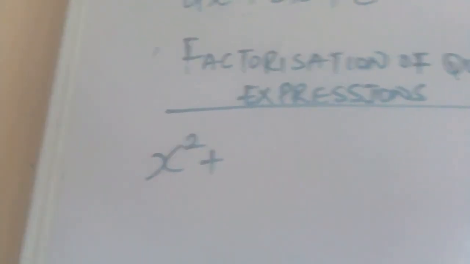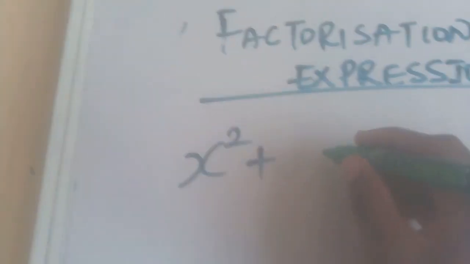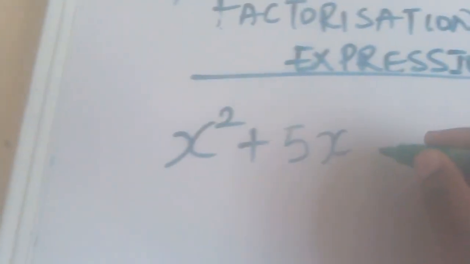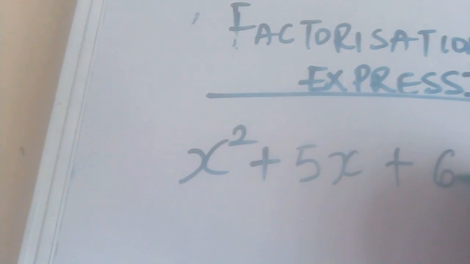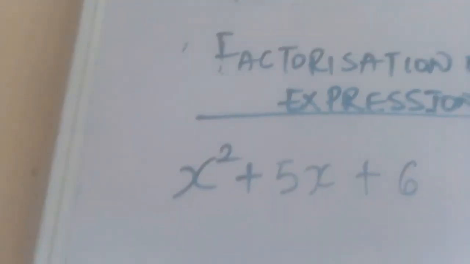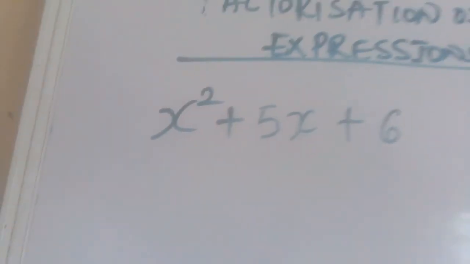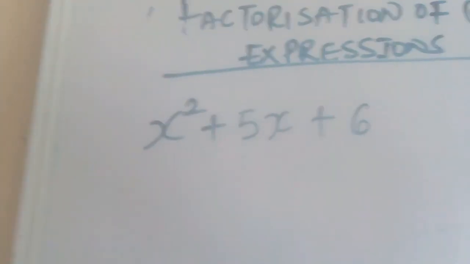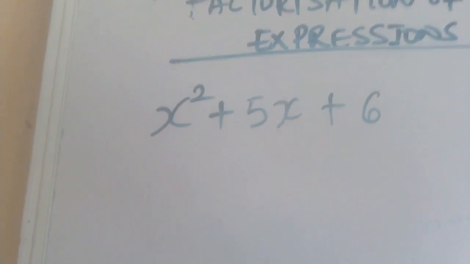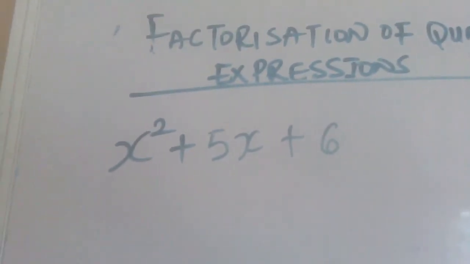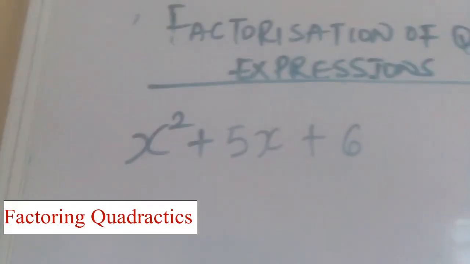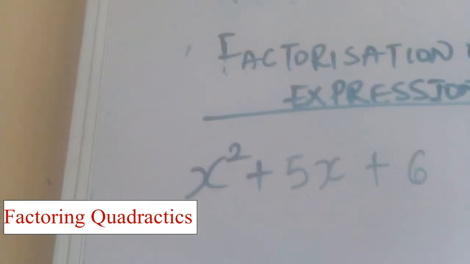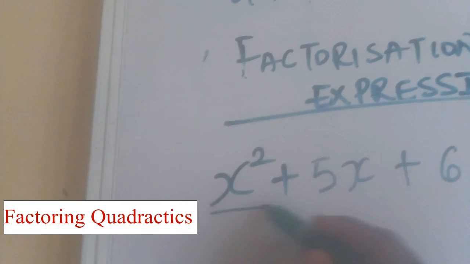So in this first example, we have x squared plus 5x plus 6, and we are asked to factorize. If we are asked to factorize this expression, then what is the solution? How are we going to go about it? The first thing is to look at the expression and look at the coefficient of the first term, x squared.